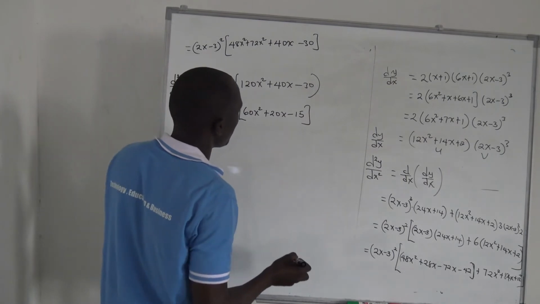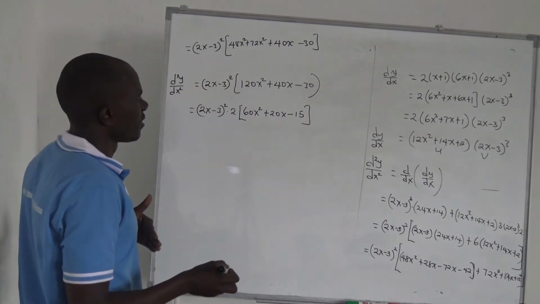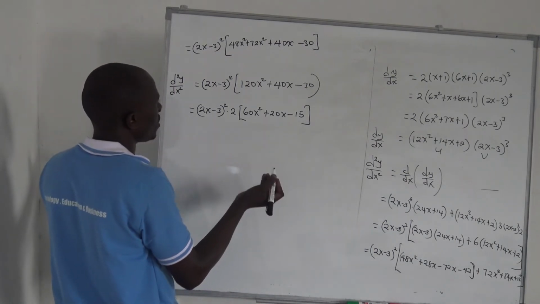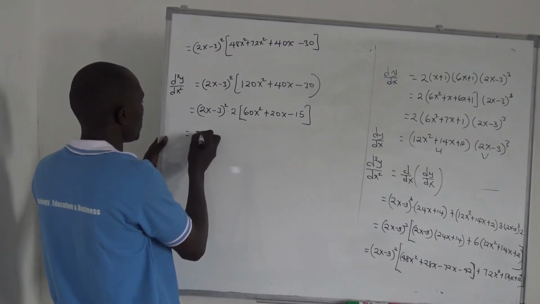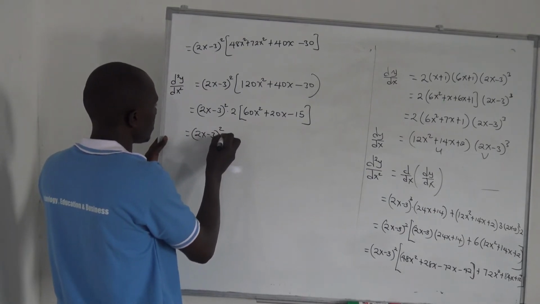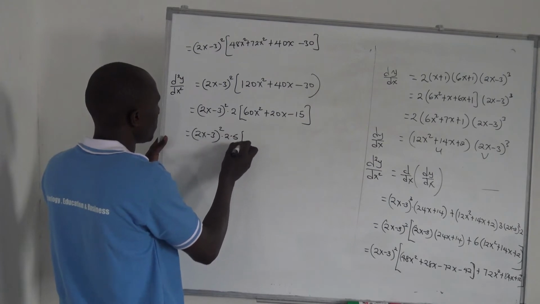Can a 5 go there? Yes, a 5 can go there, that means what is common is 10. So we got 2x minus 3 squared times 2 again times 5.